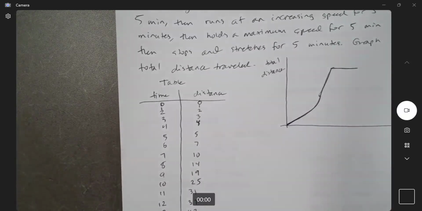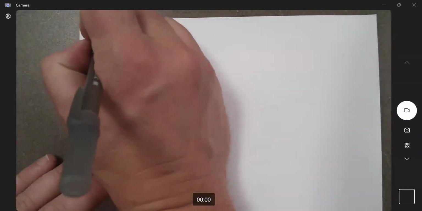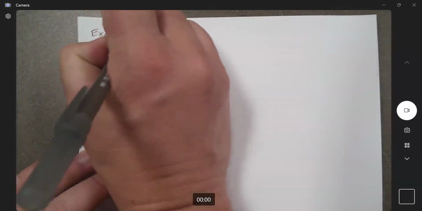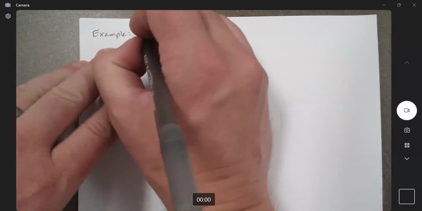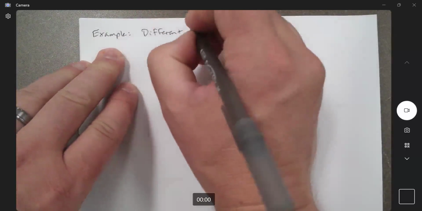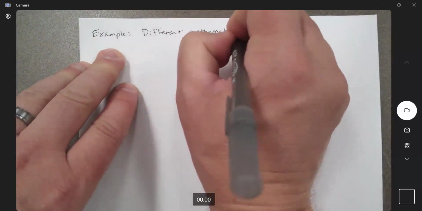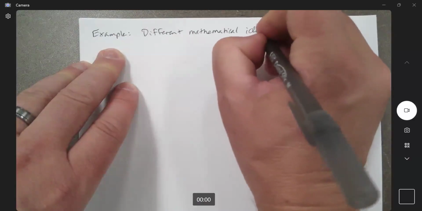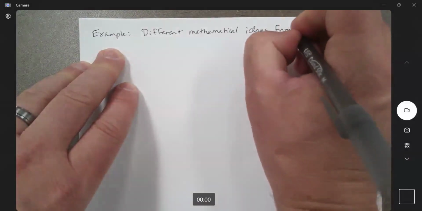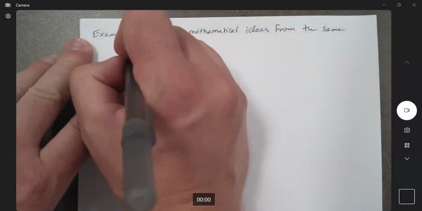All right, one more example. And this is different mathematical ideas from the same description.